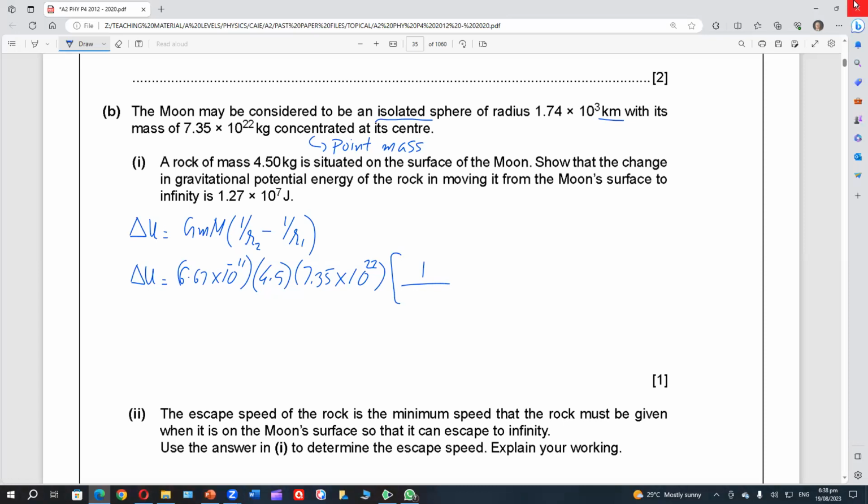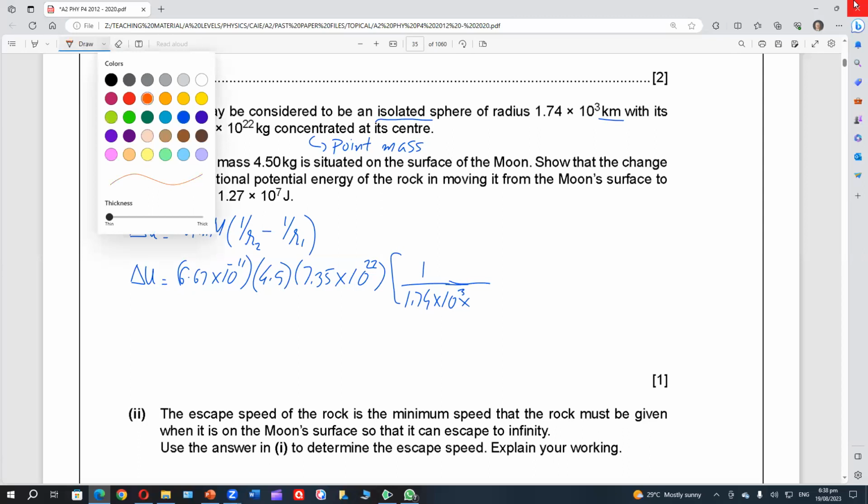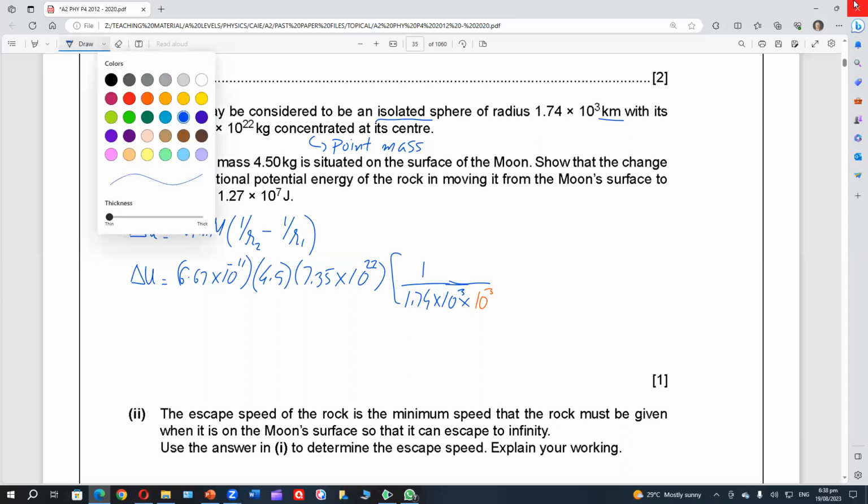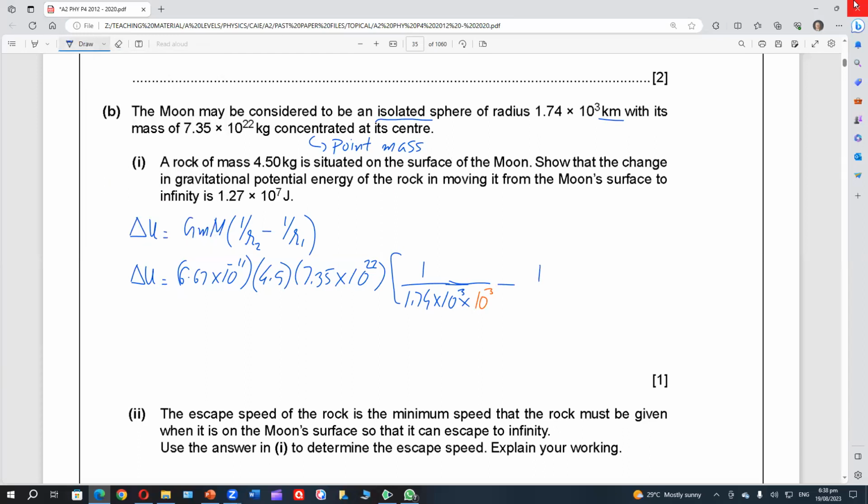It's 1.74 times 10 power 3. This is a symbol for infinity.